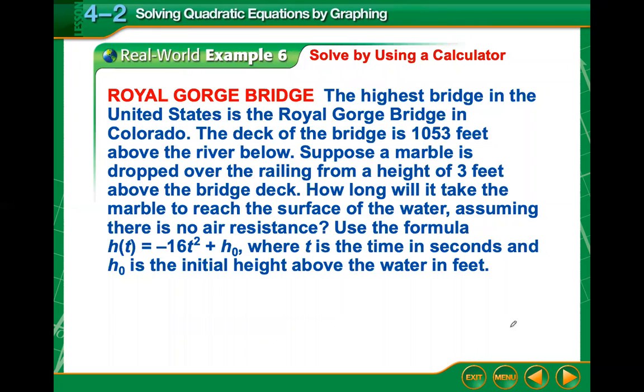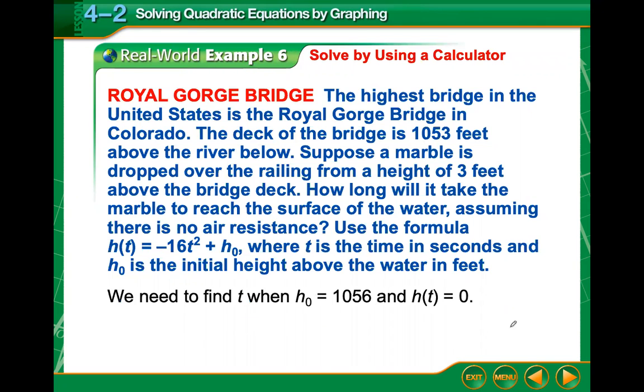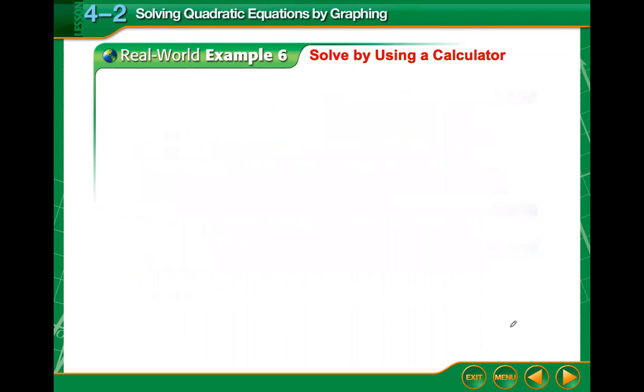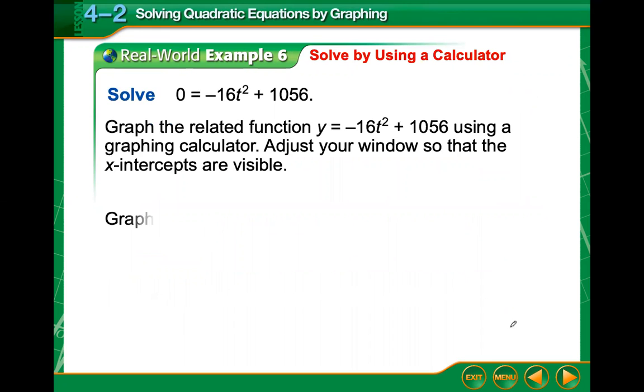How long will it take the marble to reach the surface of the water, assuming there is no air resistance, using the formula negative 16t squared plus h sub 0, where t is the time in seconds and h sub 0 is the initial height above water in feet. So we need to find the value t when h sub 0 equals 1056. So we're going to set 0 equal to negative 16t squared plus 1056.